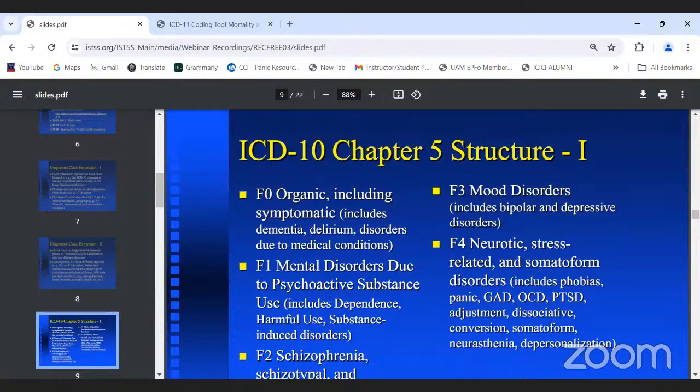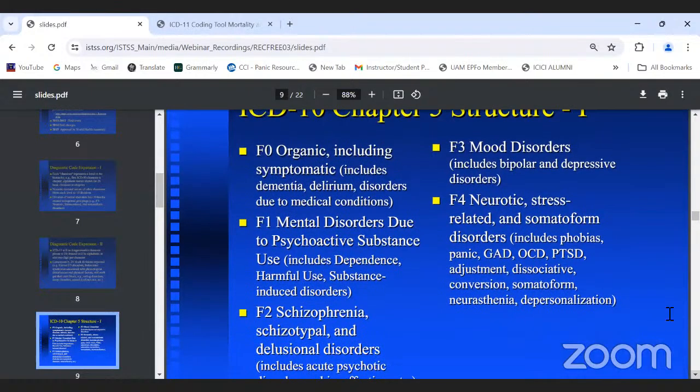See, this is how it used to be in ICD-10. Under chapter 5, we would use F and then 0 to 9. Under F0 to F9, we would have organic disorders. Then from F10 to F19 we would have mental disorders due to psychoactive substance use.